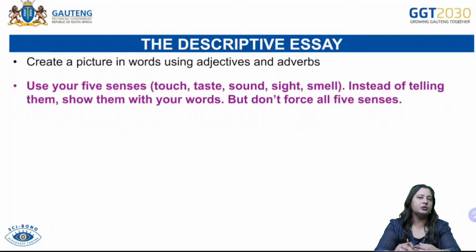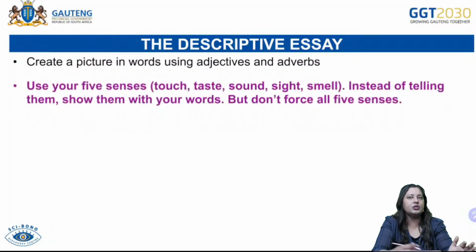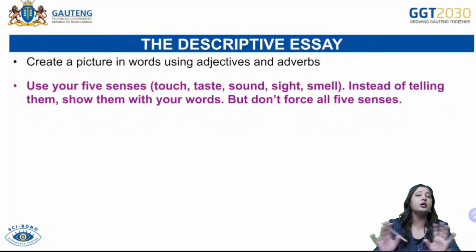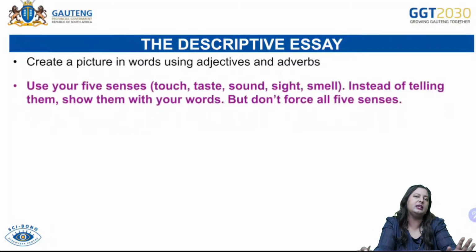Then you can maybe include one about the taste that possibly would be linked to the topic you are talking about. All right. But if it doesn't fit your topic, don't try and put all 5 senses in there. It's fine as long as you can make sure you've included at least about 2 possibilities for us there. That's important. Okay. So remember that you want to appeal to the senses of the reader.